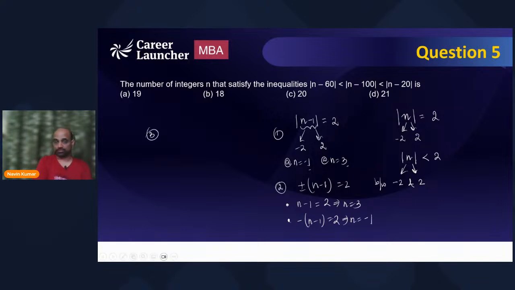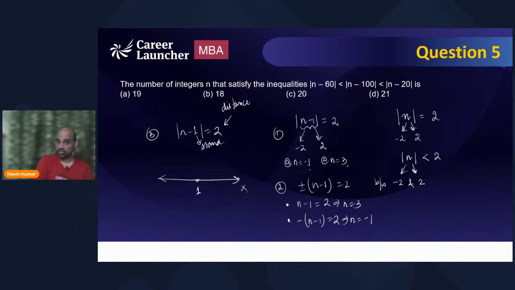Third approach. If you are given |n - 1| = 2, what you have to do is visualize that you are on the number line. This 2 is called the distance or magnitude, right? This 1 tells you where you are standing. So we are standing at 1.